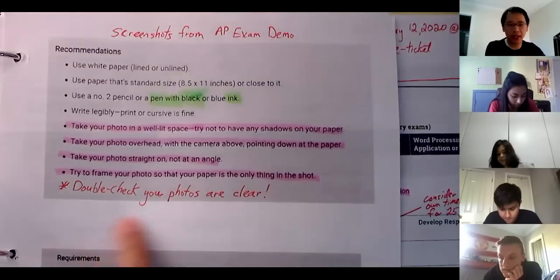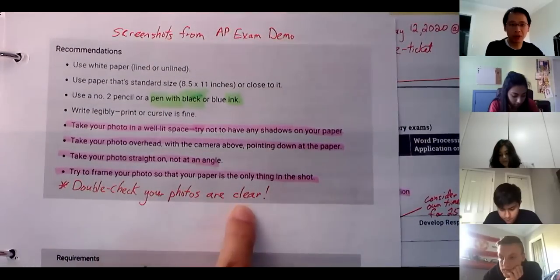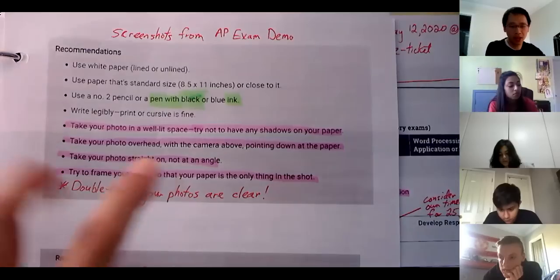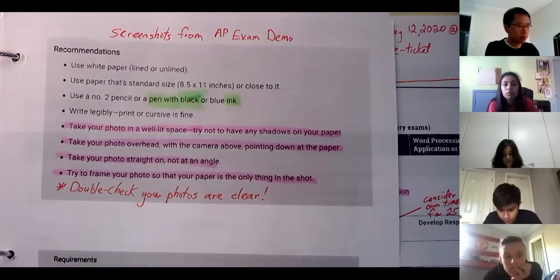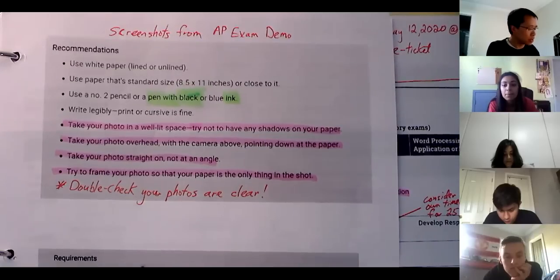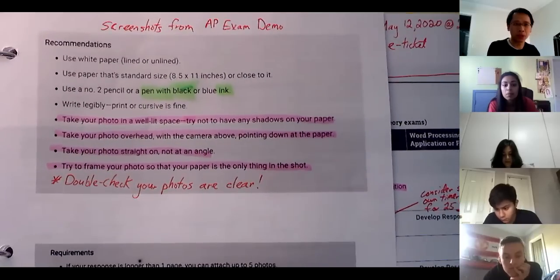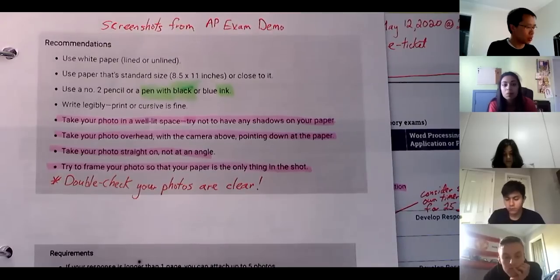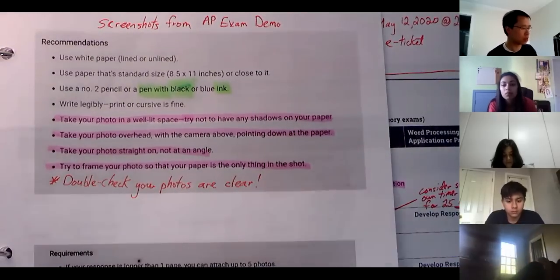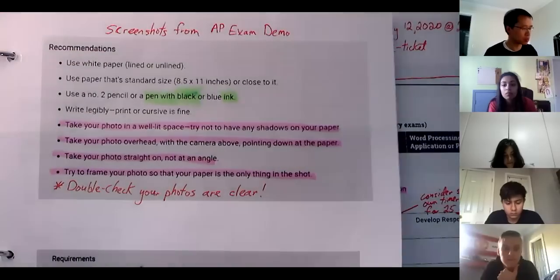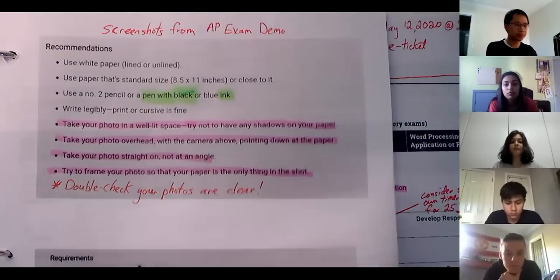Screenshots, make sure that you're double checking that your photos are clear, you're taking it overhead, you have plenty of light. A lot of things to do, I know, but we want to make sure that we're able to submit something where they're going to be able to read your work and be able to accept it.